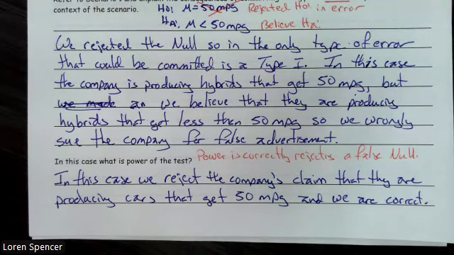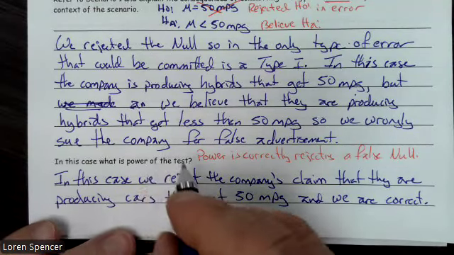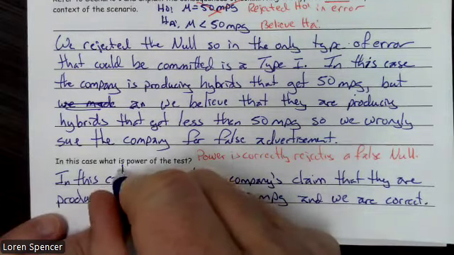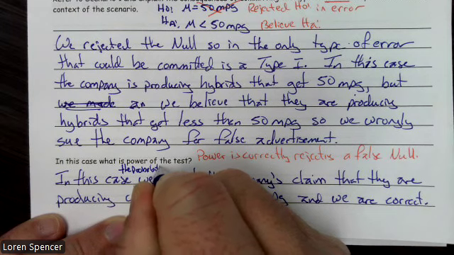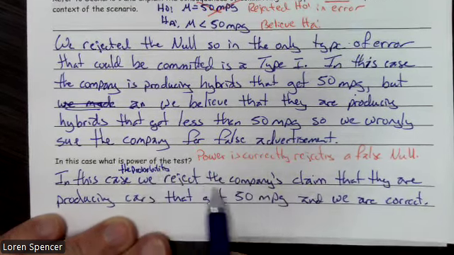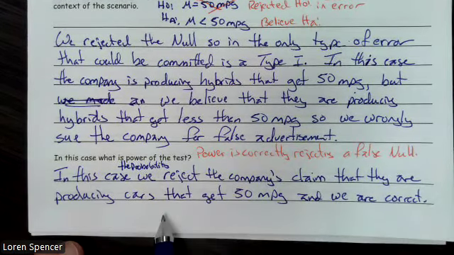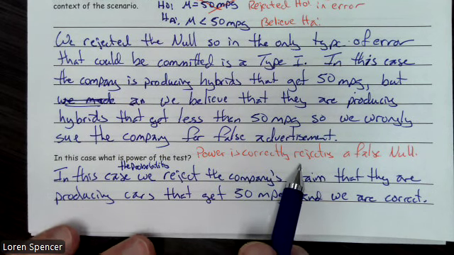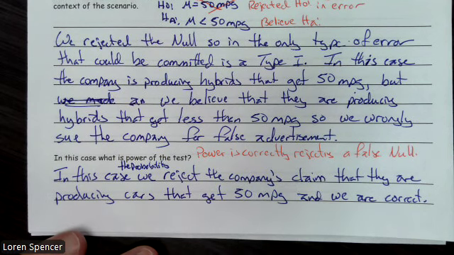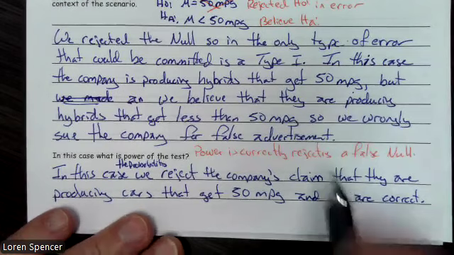In this case, it would be the probability we reject the company's claim that they are producing cars that get 50 miles per gallon, and we are correct. So power is the probability of correctly rejecting a false null.